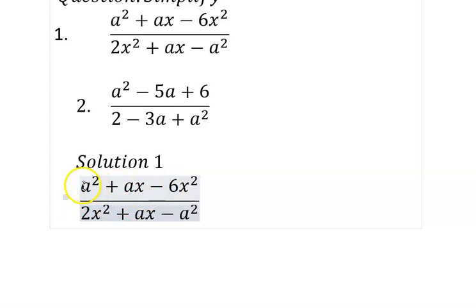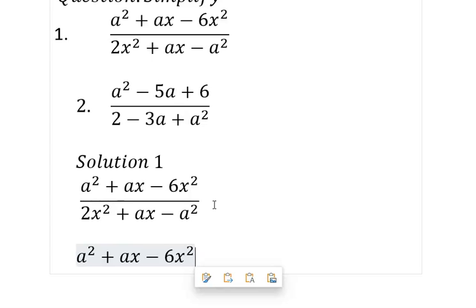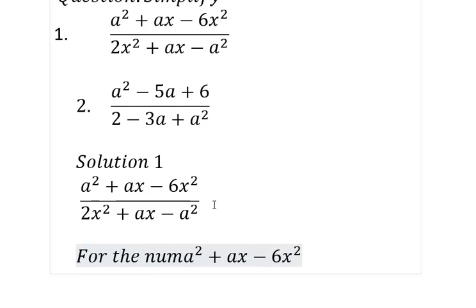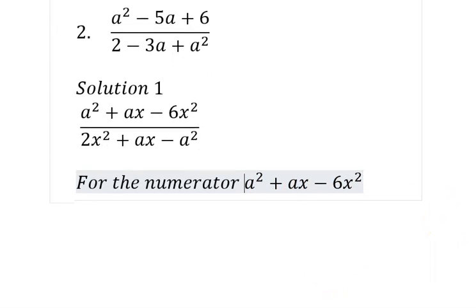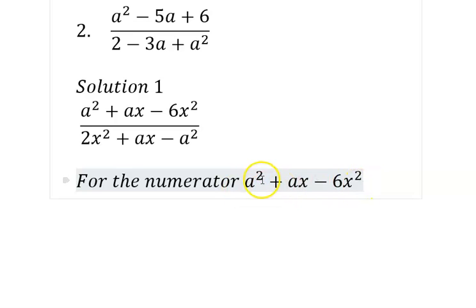For what we have at the numerator, let's start with this first. Now we are going to factorize to simplify what we have here. We'll do the same thing for the denominator, but let's do the numerator first.